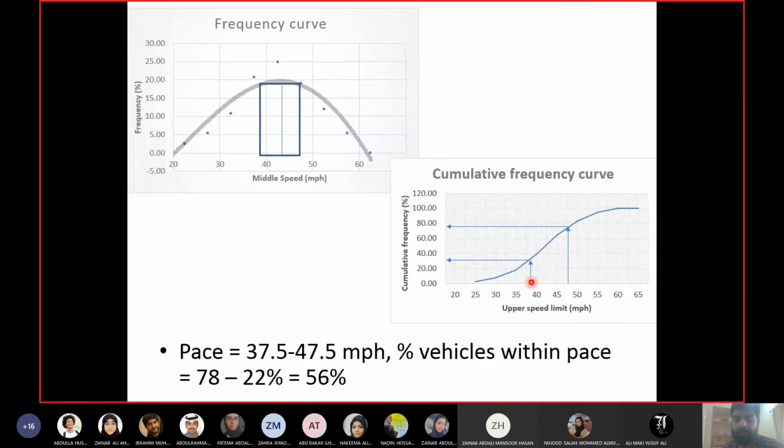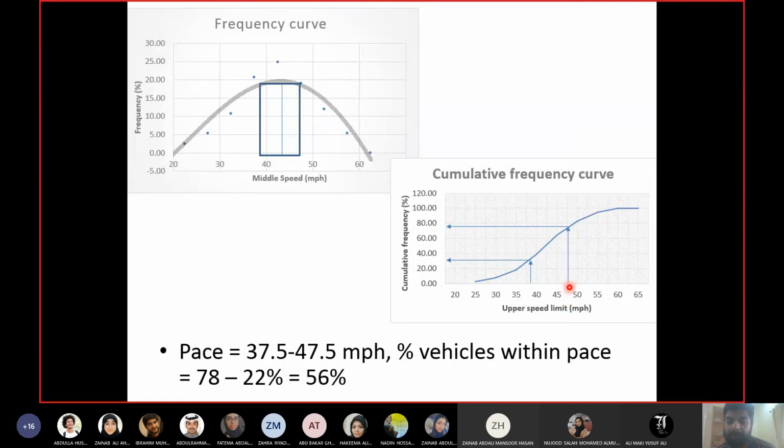Go up to the curve, draw a perpendicular on the y-axis. This gives the percentage of vehicles driving between 0 and 37.5, which comes out to be 22%. Remember, this is a cumulative frequency curve, so it is always from 0.